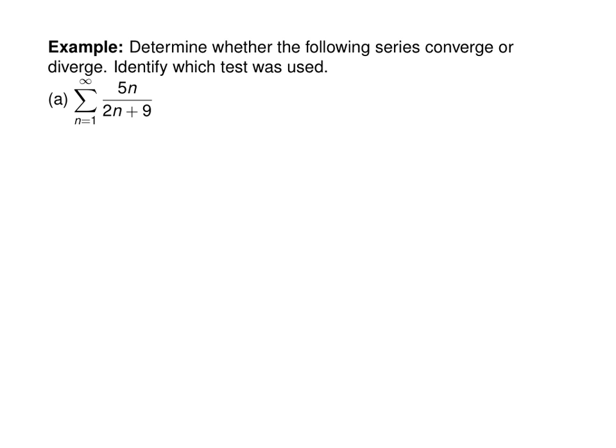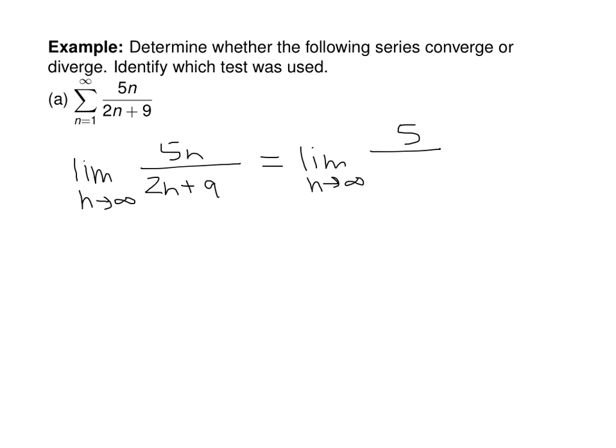Next, we have the sum from n equals 1 to infinity of 5n over 2n plus 9. And notice, if you find the limit as n goes to infinity of 5n over 2n plus 9, that's equal to the limit as n goes to infinity of 5 over 2 plus 9 over n, which is 5/2.